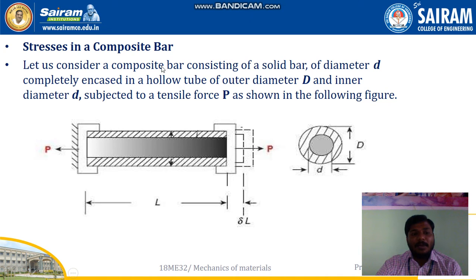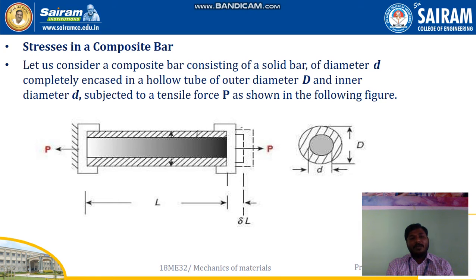It is completely encased in a hollow tube of outer diameter capital D and inner diameter small d, the solid diameter, and subjected to a tensile force. We are not applying any compressive force, so we consider the tensile force P at both ends. Once the tensile load is applied, you can see the difference in length, which is what we call the change in length.